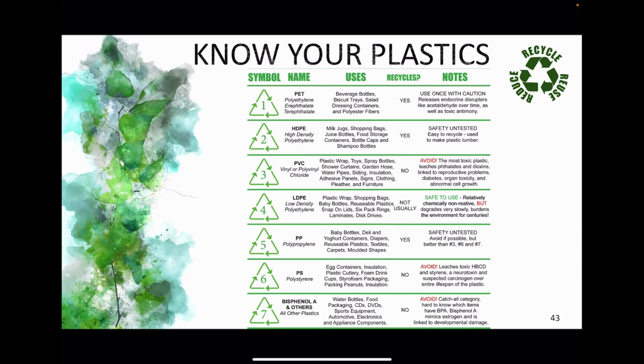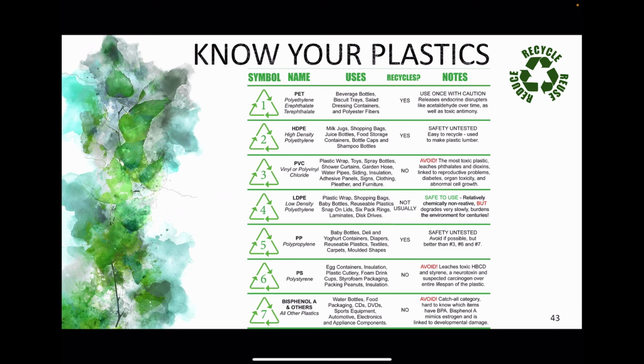Next, the resin identification code with number 6. This code indicates polystyrene, PS. This plastic is used to produce egg containers, insulation, plastic cutlery, foam drink cups, styrofoam packaging, packing peanuts, and insulation.